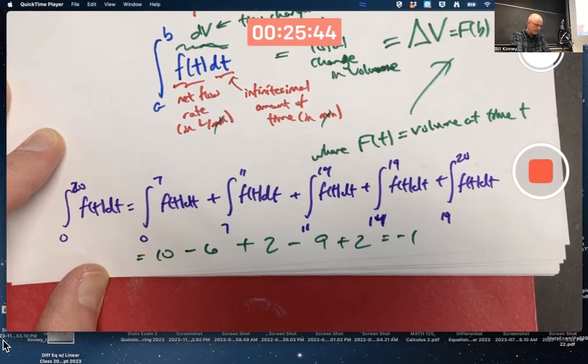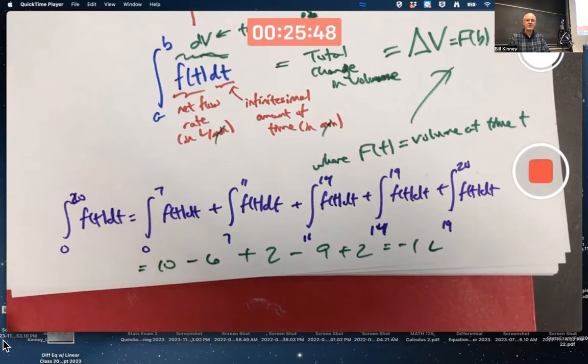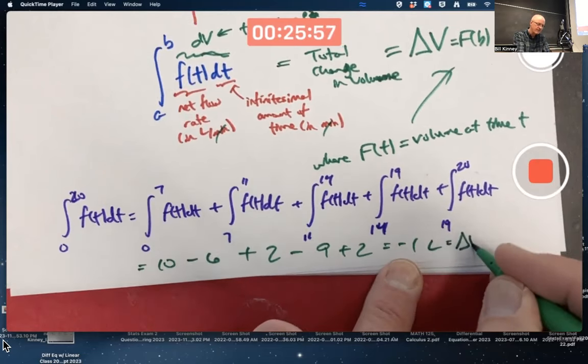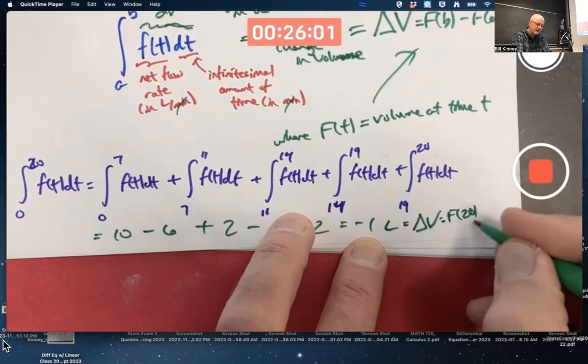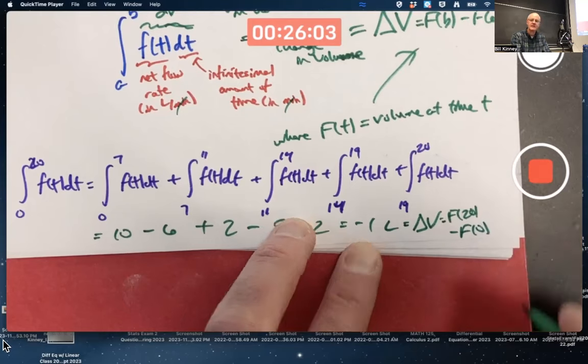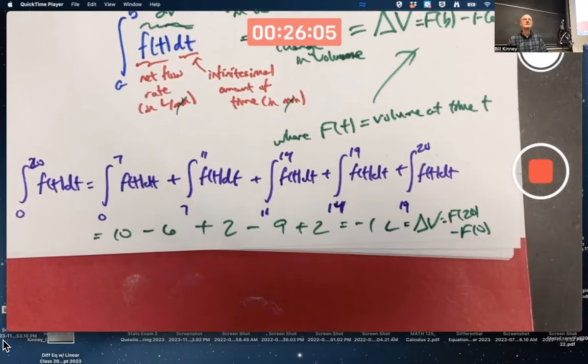Does that look good? 4, 6, negative 3, 2, negative 1 liters. In other words, by time 20 minutes, you have 1 liter less in the tank than what you started with. This is the change in volume. It's capital F of 20 minus capital F of 0, where capital F of t is the volume at time t.